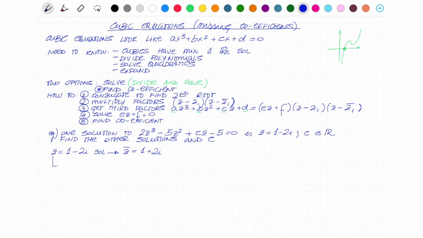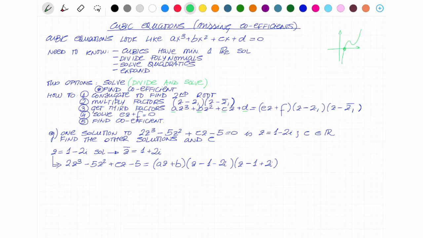And that means that this cubic in expanded form is going to be the same as some factor az plus b. I'm using a and b because we haven't used them before, times the two factors that come from the conjugate roots.